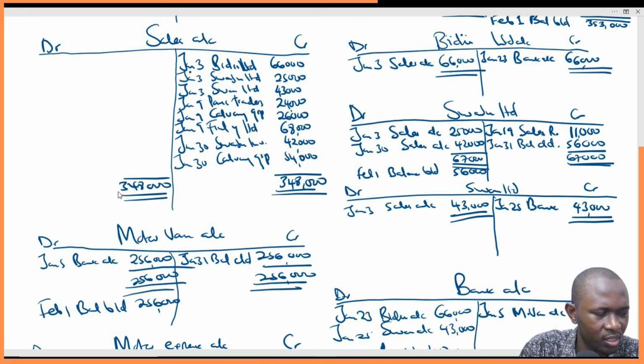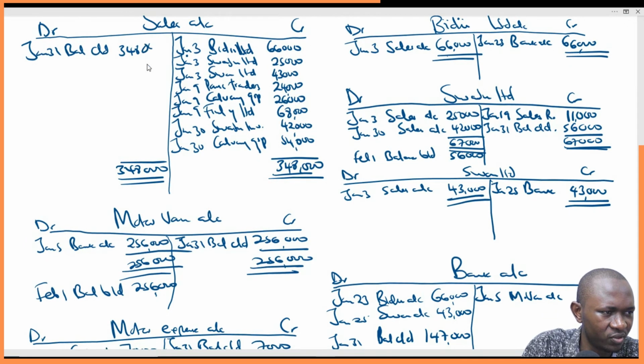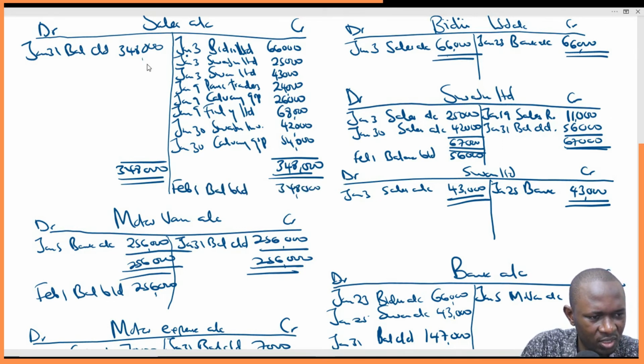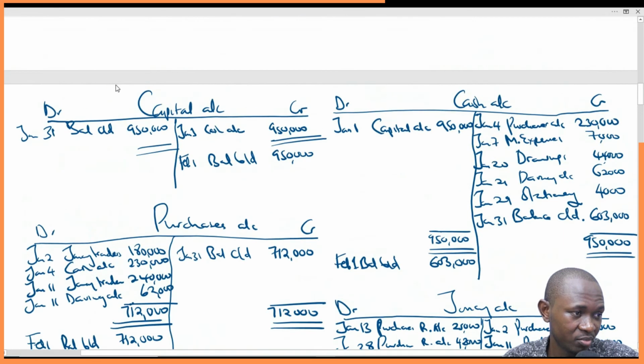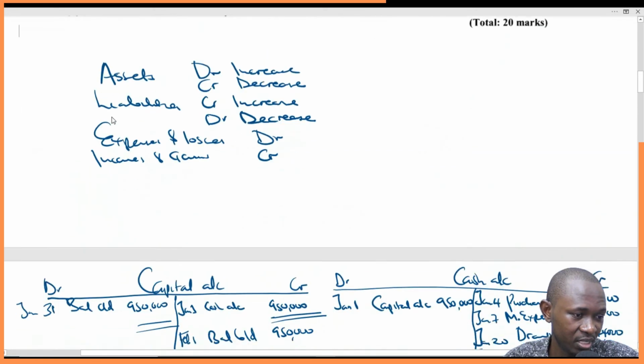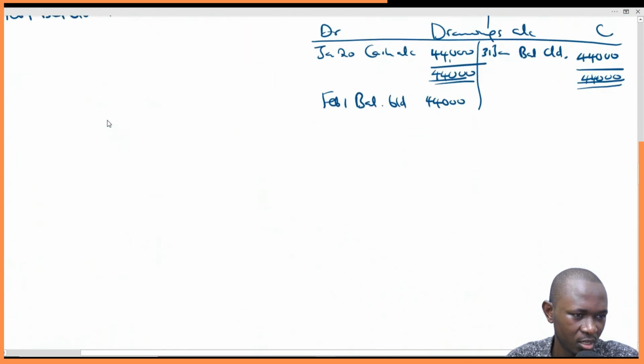Then we come here, January 31st, balance carried down 348,000. And then Feb 1st, balance brought down 348,000, like that. So you have to make sure that you are very keen, because we are going to pull a trial balance, and if it doesn't balance, it means that we have made some mistake somewhere.